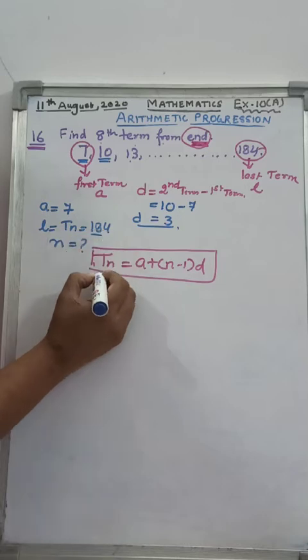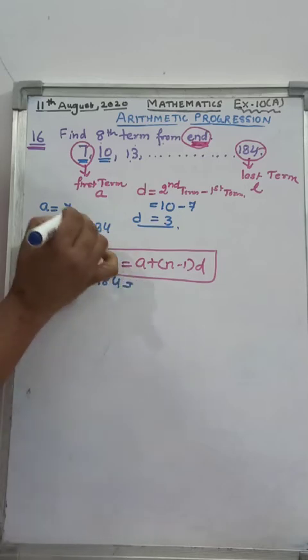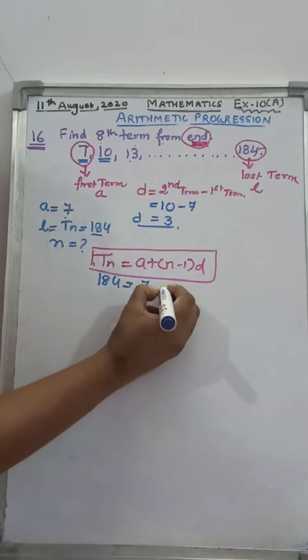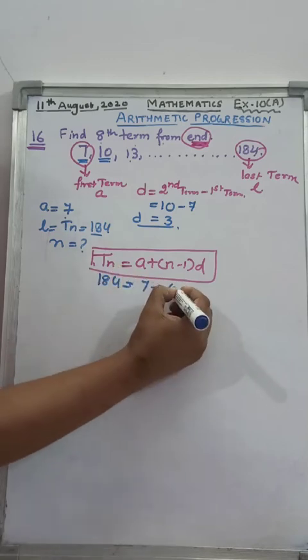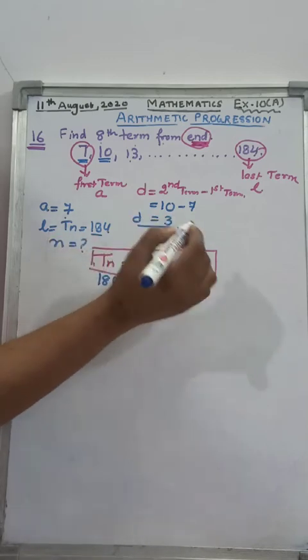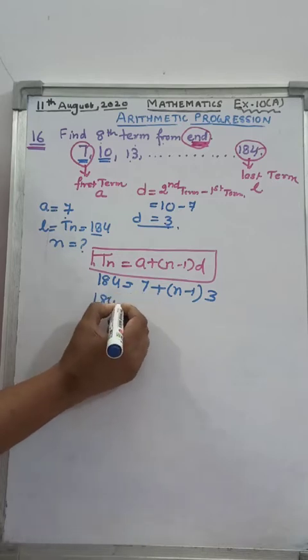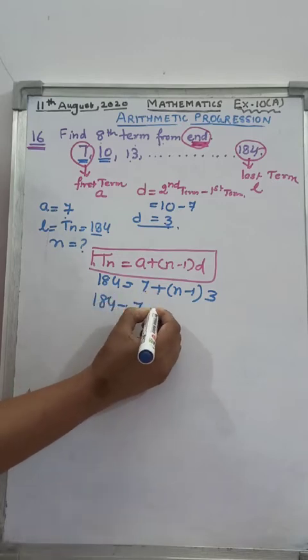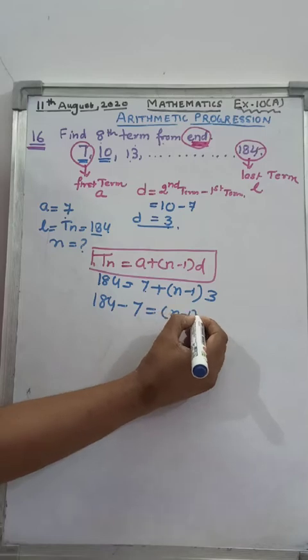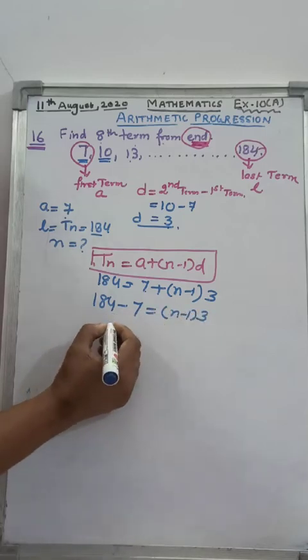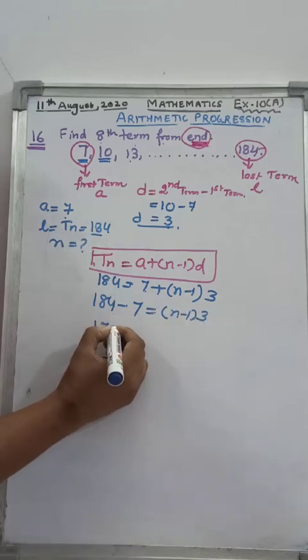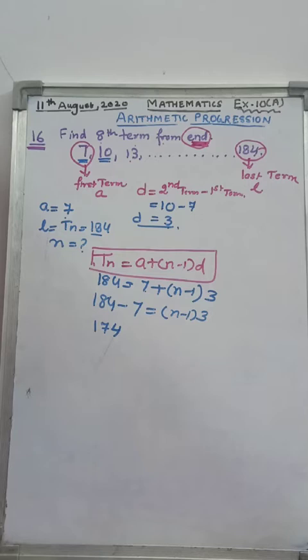Tn is 184, A is 7, plus n we don't know, we have to find. D is 3. So 184, bring this 7 to the left hand side, equals (n minus 1) into 3. When you subtract it, it is 174.